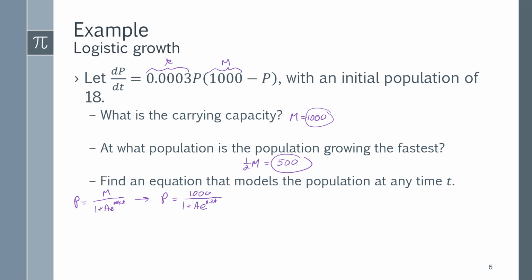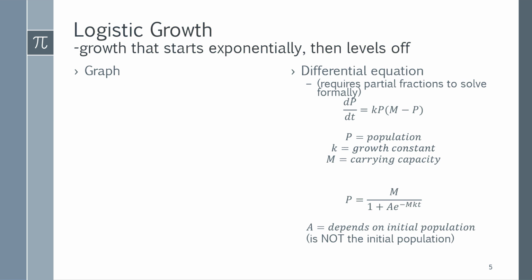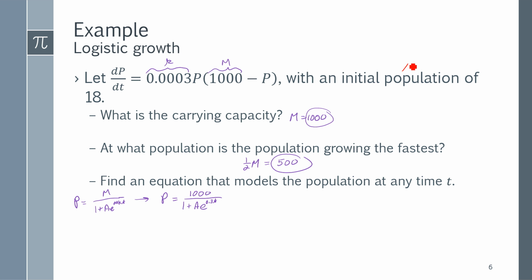To figure out what A is, that's where my initial population comes in. If my initial population is 18, that means that the population when t is 0 is equal to 18.